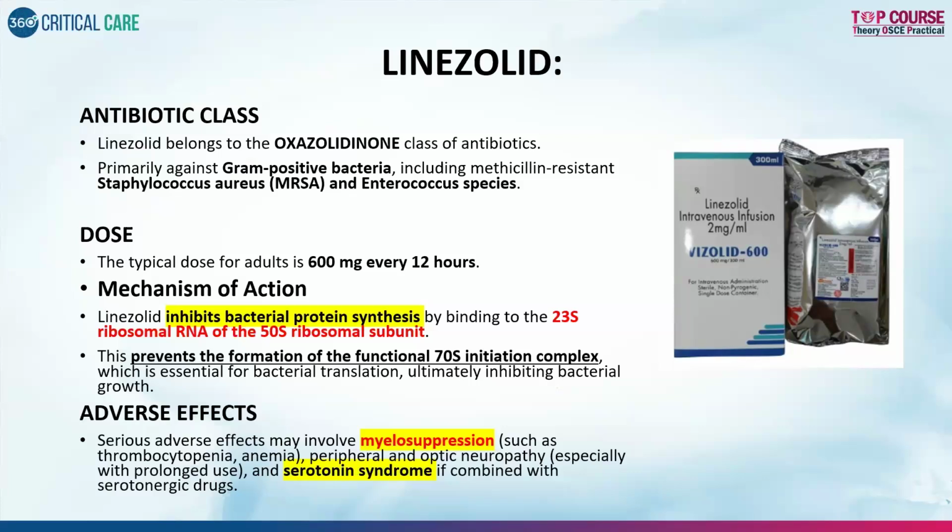So where does it act? You're not supposed to make the examiner ask you multiple questions, so you need to tell that clearly. You just told protein synthesis, you have to tell that, and adverse effects, you need to be clear. So you start with the antibiotic class, dose, PKPD principle, mechanism of action, and adverse effects.